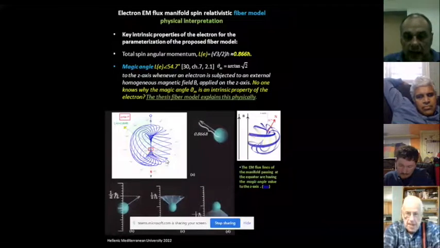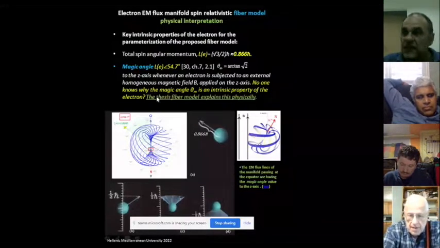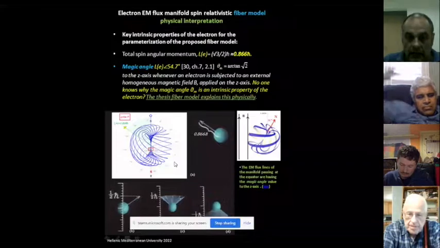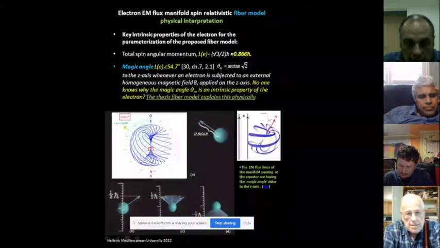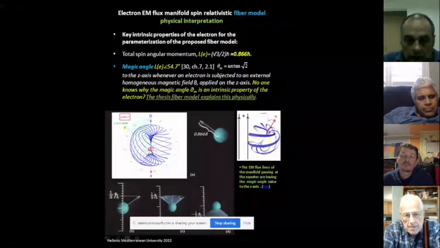Here you have spirals on a sphere, vortexing, and you have the straight flux inside, which is the magnetic moment of the electron.